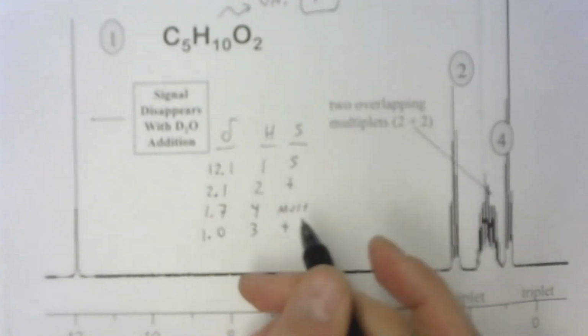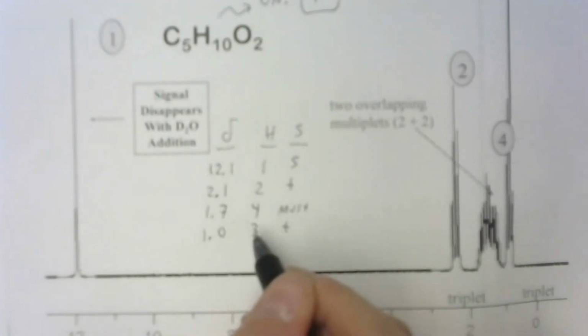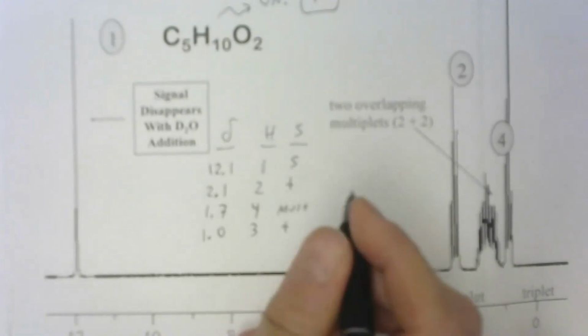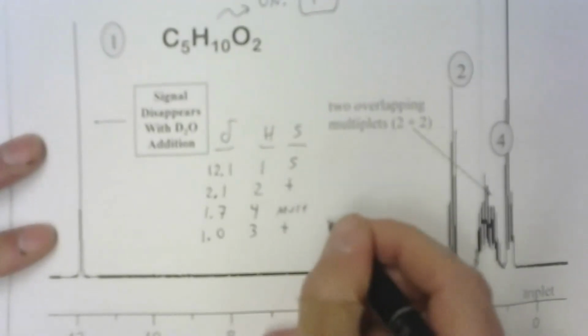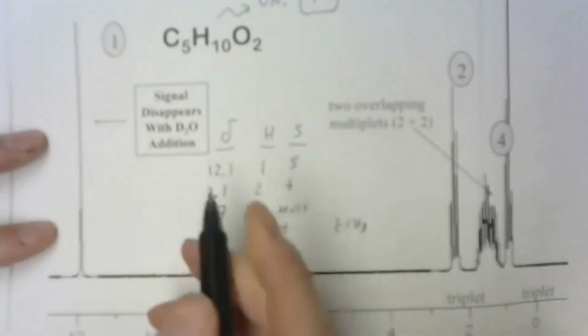We got our UN, we got our table. What do we do next? Let's build this going upward. I'm going to go from the bottom up. So what's this 1.0? 3 protons. You're focusing on H at this point, and it's a CH3, right? What's 4 though? Is it a CH4? No, it's not a CH4. Somebody said it correctly.